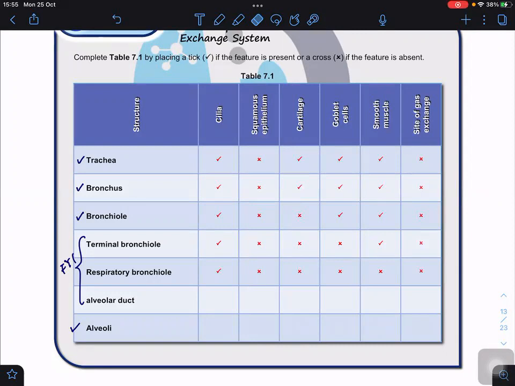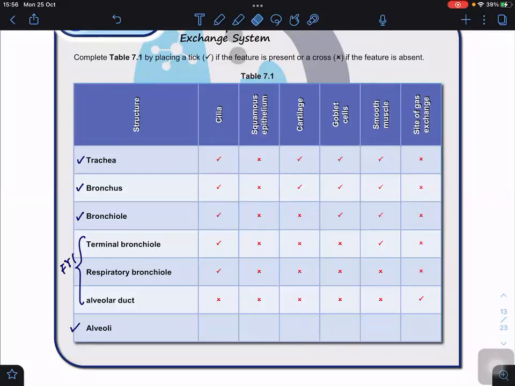Alveolar duct, cilia, they don't have because they are just epithelium only, they don't have the cilia anymore. Squamous epithelium, no, they are just a cuboidal epithelium. Right now, alveolar duct is cuboidal. Cartilage, they don't have. Goblet cells, they don't have. Smooth muscle, they don't have. They are sites for gas exchange, started from the alveolar duct.